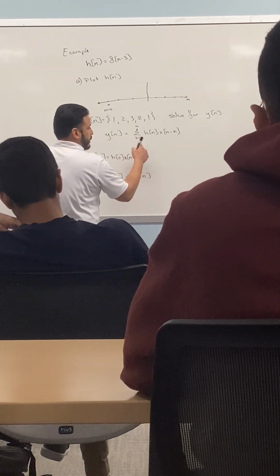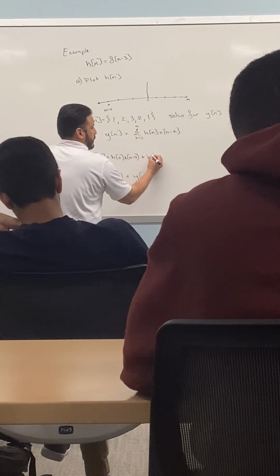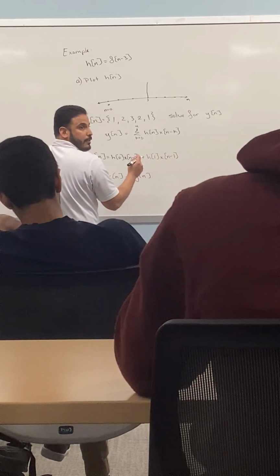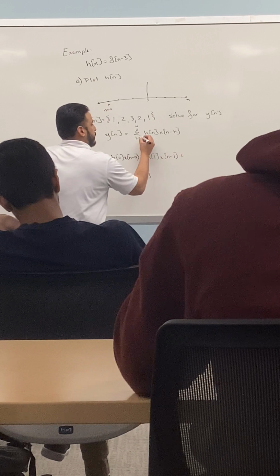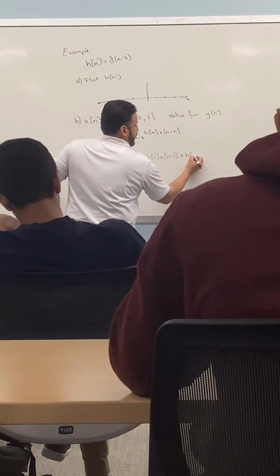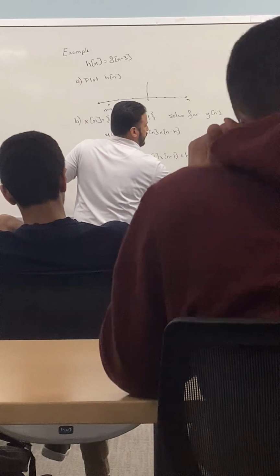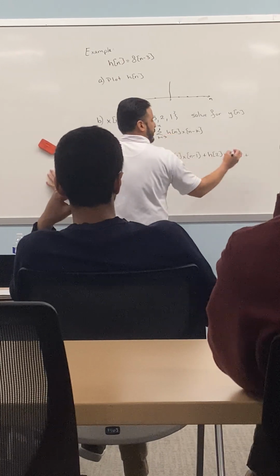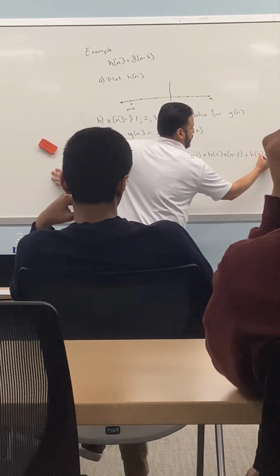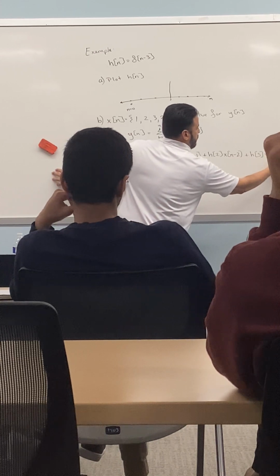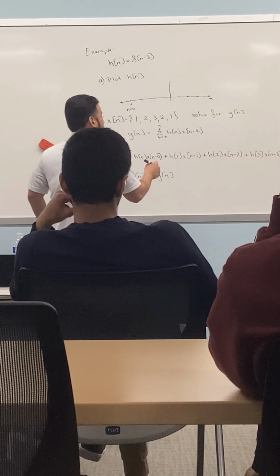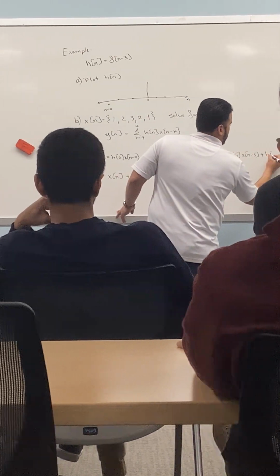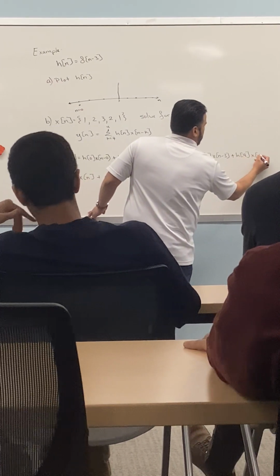And the summation, now k equals 1, h of 1, x of n minus 1, right? Summation, k equals 2, h of 2, x of n minus 2, summation, k equals 3, h of 3, x of n minus 3, right? And then we'll just do one more. Summation, k equals 4, h of 4, x of n minus 4.